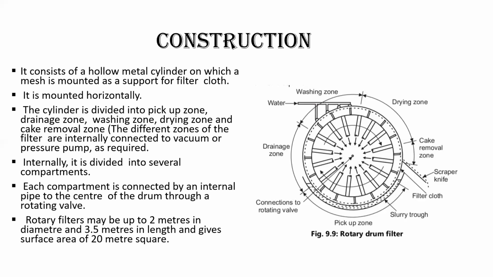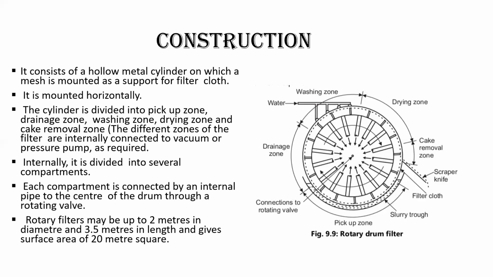First, this is a hollow cylinder with a horizontally mounted mesh which supports the filter cloth. The drum is divided into zones: pickup zone, drainage zone, washing zone, drying zone, and the cake removal zone.